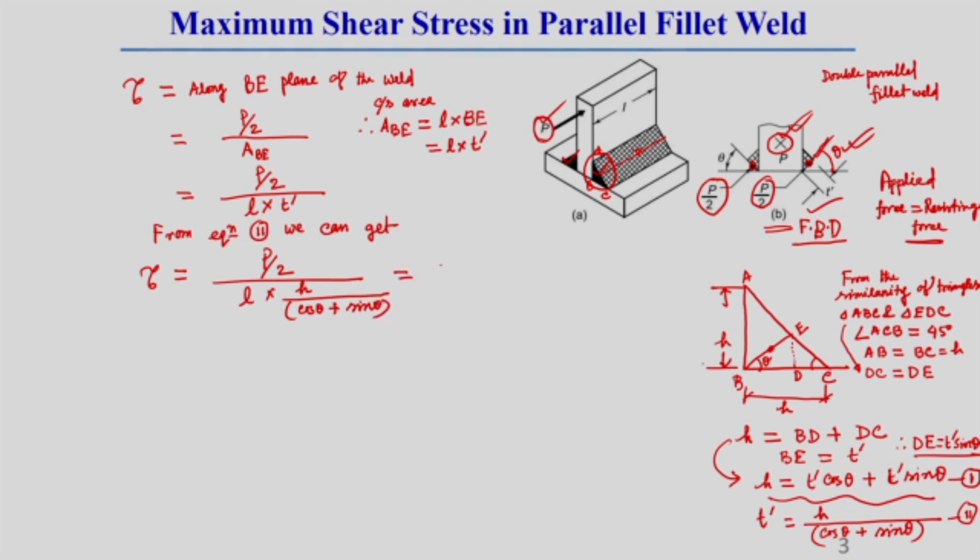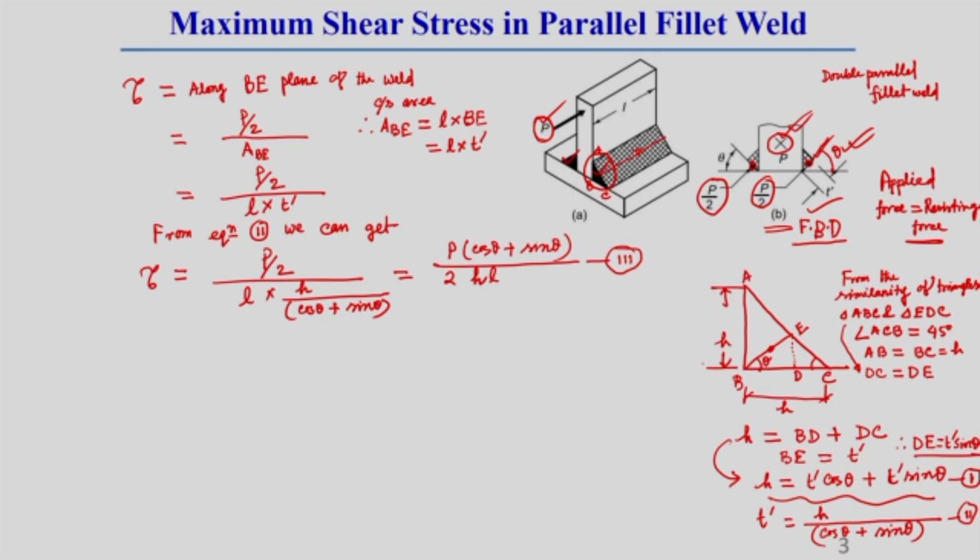So, these things we can get as P into cos theta plus sin theta, divided by 2 into A's into L. So, this is the shear stress in plane BE of this weld, which I am representing by equation number 3.